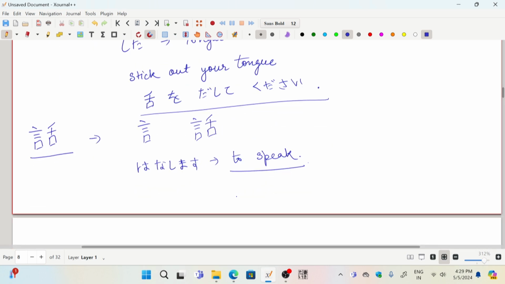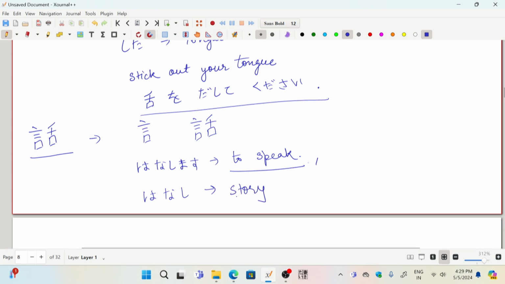So when I say, this kanji also means hanashi. Hanashi means the story. If we say hanasu, it will mean speak.